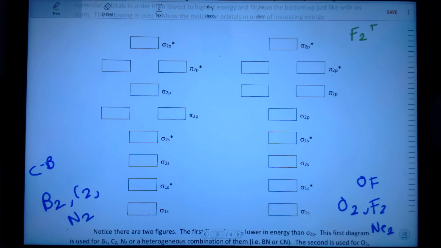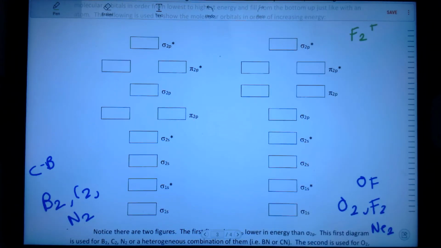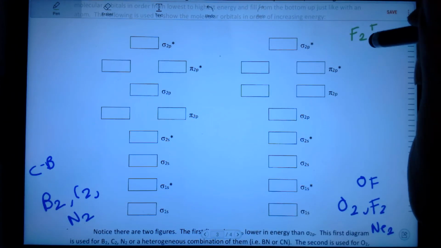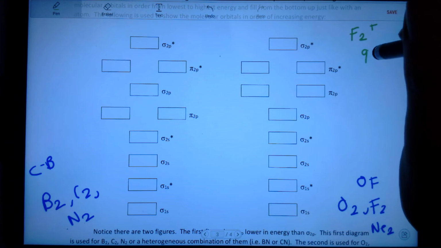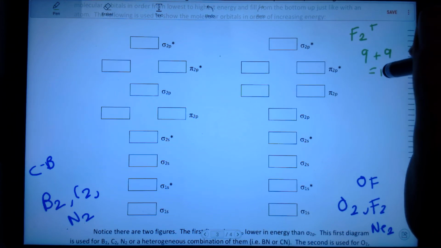Let's look at how many total electrons we have for fluorine. Starting all the way down at the 1s, we're looking at total electrons. For fluorine, that's 9. We get 9 from each fluorine, which gives us 18.